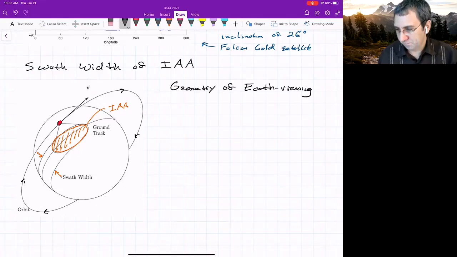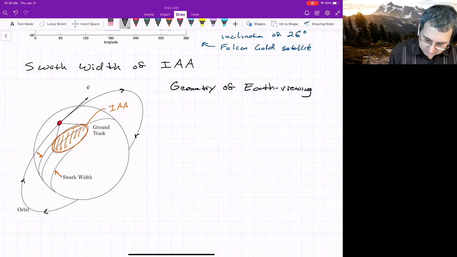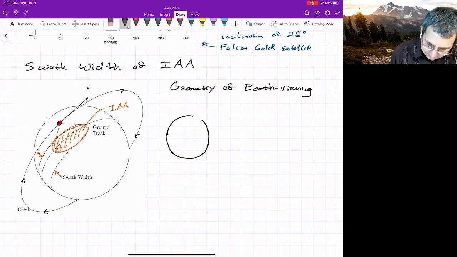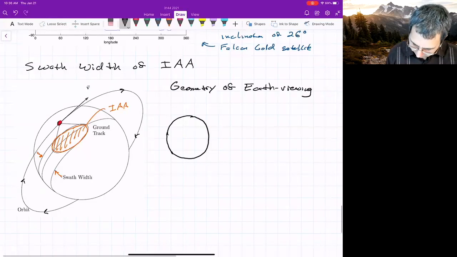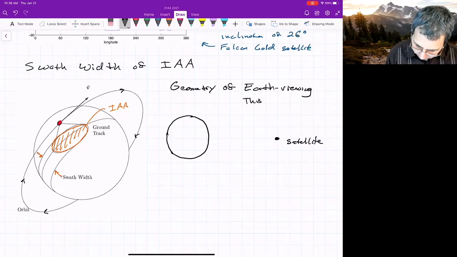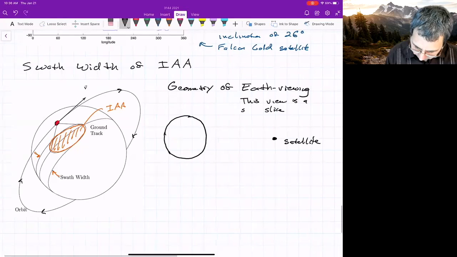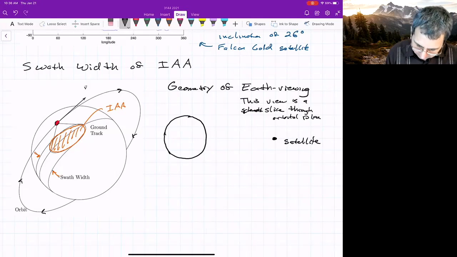we're going to take a slice through the orbital plane. So I'm going to draw as best I can a circle. This is a circle of the Earth. Here is the satellite. So this view is a schematic slice through the orbital plane. Here's the center of the Earth.